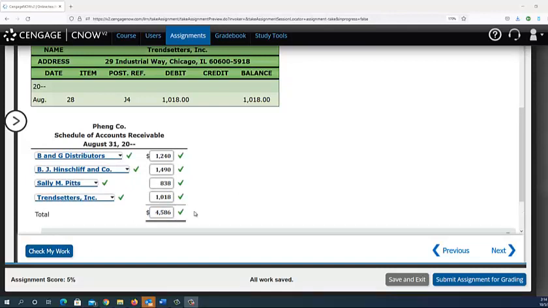So basically the schedule of accounts receivable is just a list of our customers and what they owe us. And we need to make sure that the total from the schedule of accounts receivable equals the total of accounts receivable in the general ledger, because this is just a detail of that total, so the balances must equal.